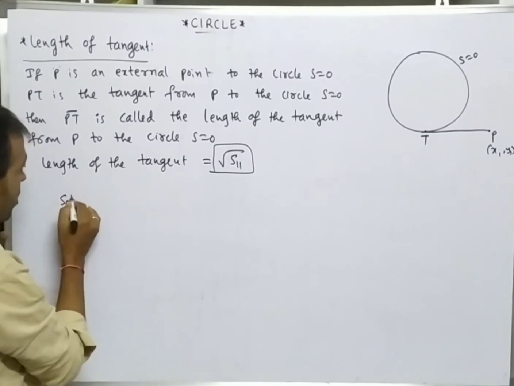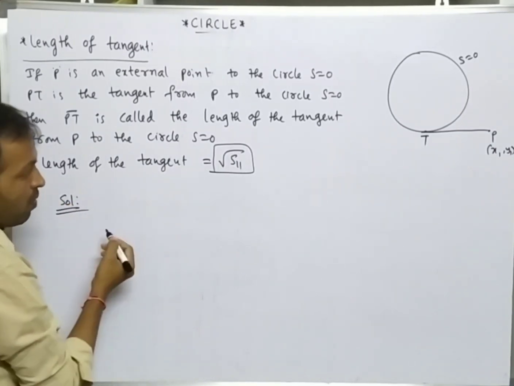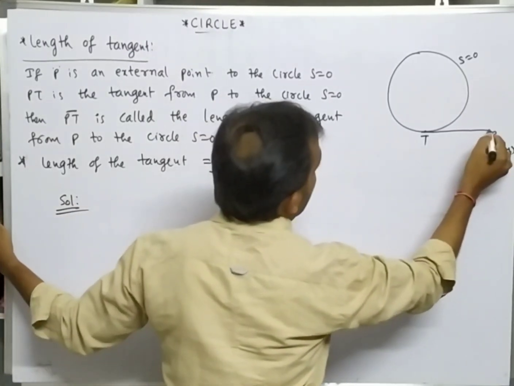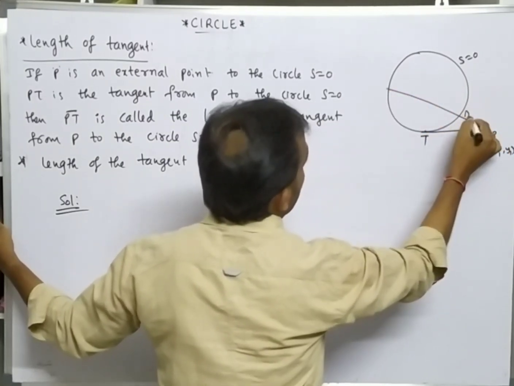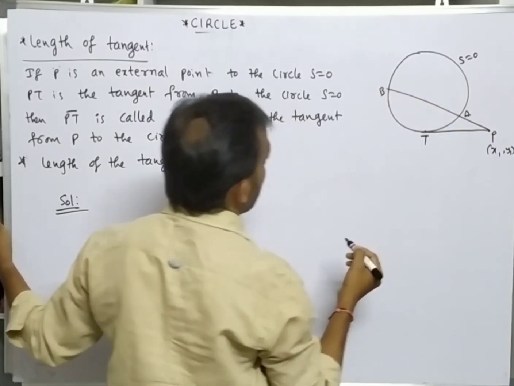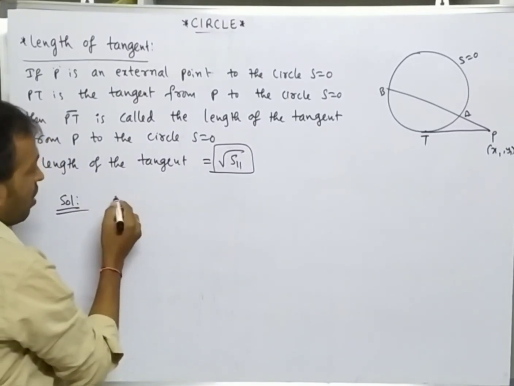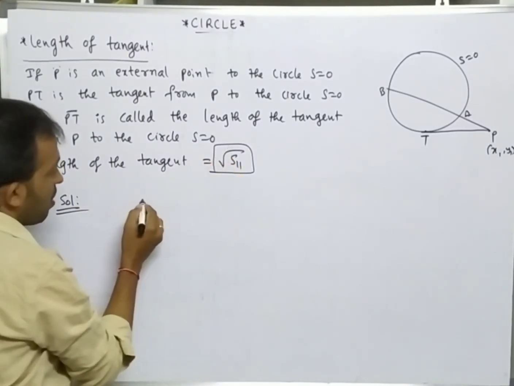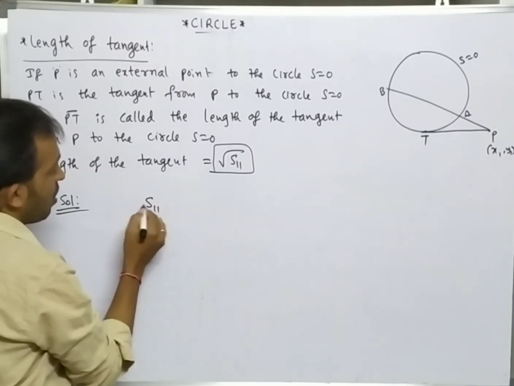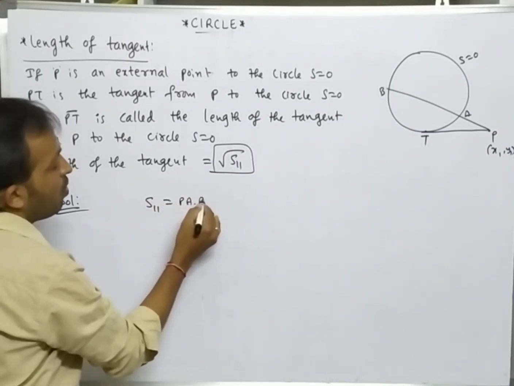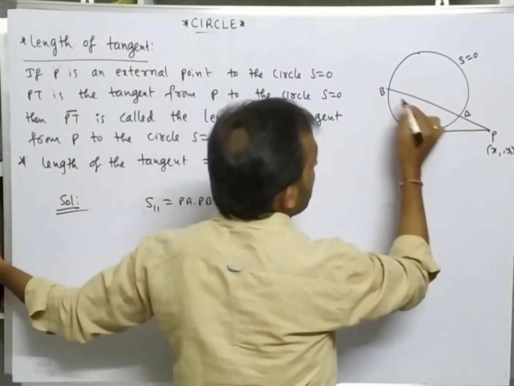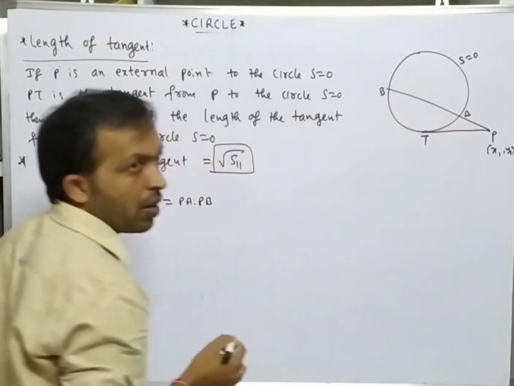How can we get that root S11? Using the power of a point formula, we just learned that S11 is equal to PA into PB. A and B are two different points.